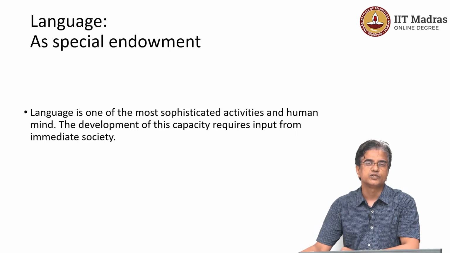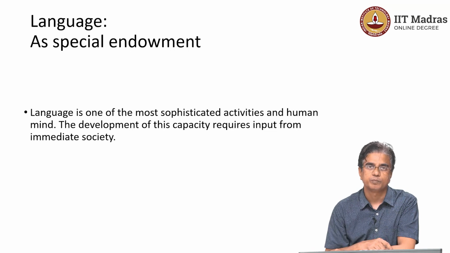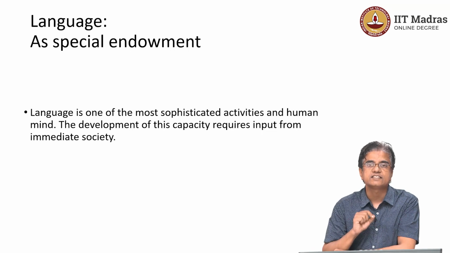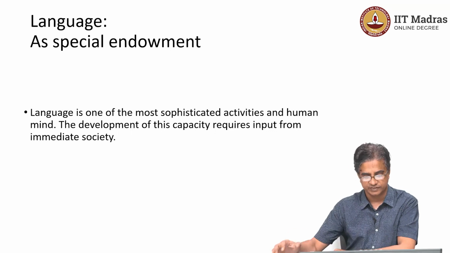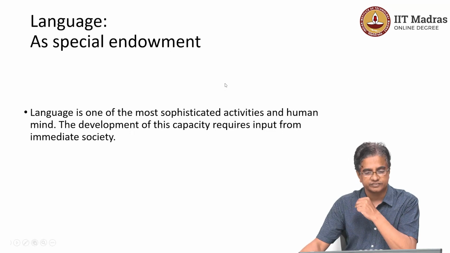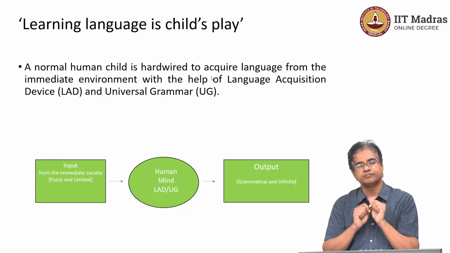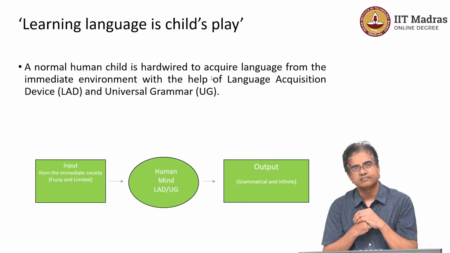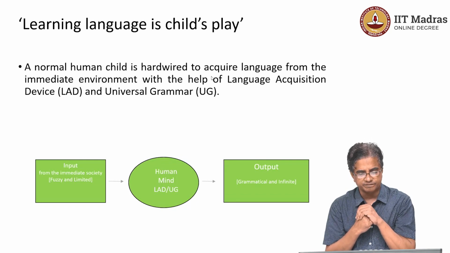We are all trying to improve our English by putting in effort. And hence it becomes important for us to pay attention to the things that are learned effortlessly as children. And that makes language a special endowment. And this is the reason, because as a child we learn language effortlessly. This is the reason why sometimes it is said learning language is child's play.